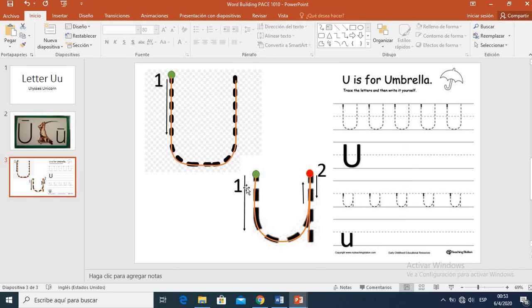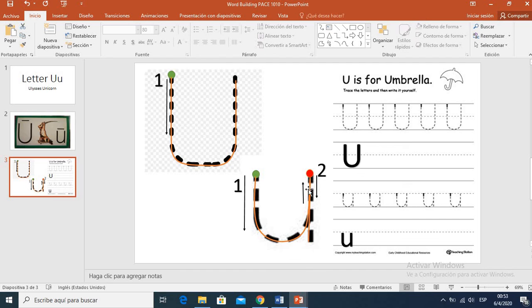Now the small letter U. The small letter U has two steps. Look, 1 and 2. The first step, you start from top, go down and around, go back to the top, stop. That's why there is a red point. Stop and draw the line to the bottom. Down. Excellent. You don't separate the line from the curve.